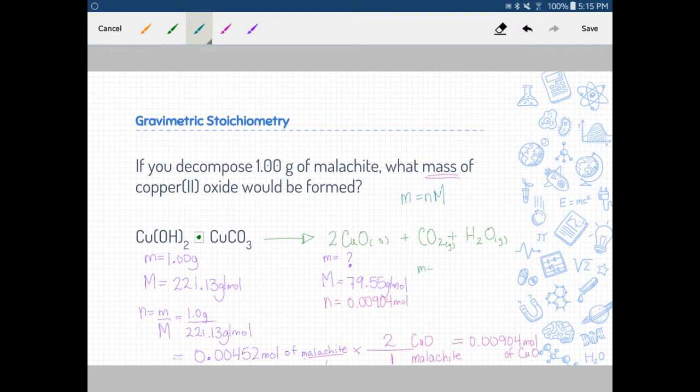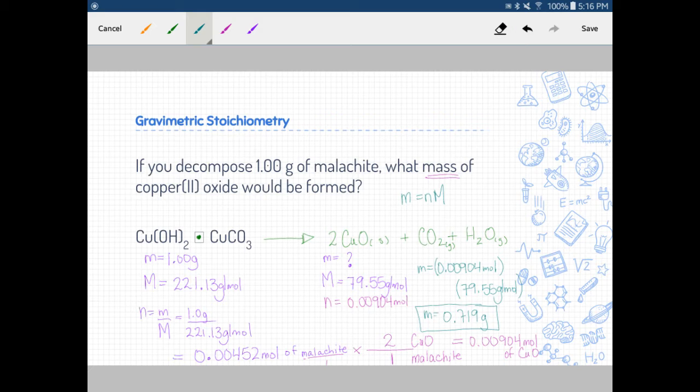So my mass is equal to my 0.00904 moles, which tells me how much I have of copper oxide, and I'm going to multiply by my molar mass down here, 79.55 grams per mole. When I solve for this, my mass is equal to 0.719 grams. This is the amount of copper oxide that would be produced when I decompose malachite.